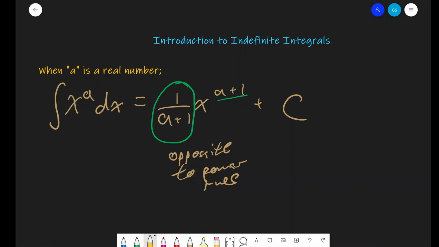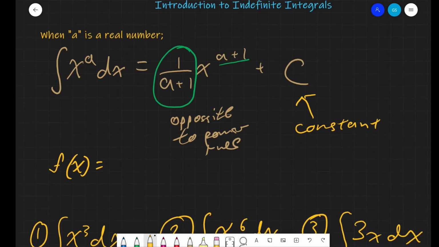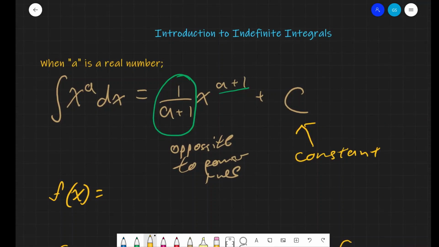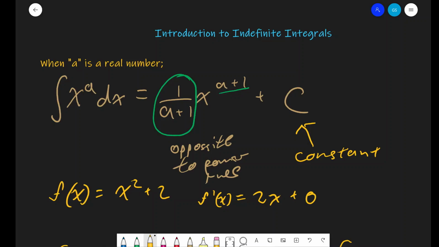And the c here is just a letter you use to describe a constant. If you think about it like this, let's say f of x is x squared plus 2. If we differentiate this, f prime of x gives us 2x plus 0, because the 2 is gone.